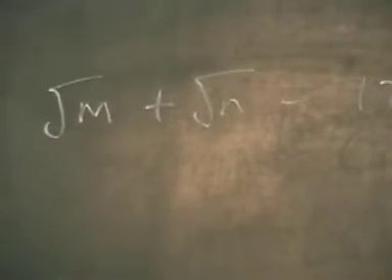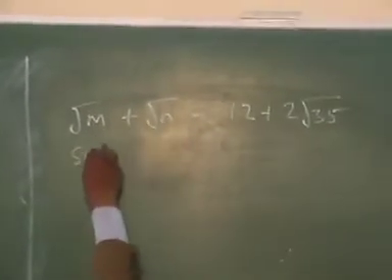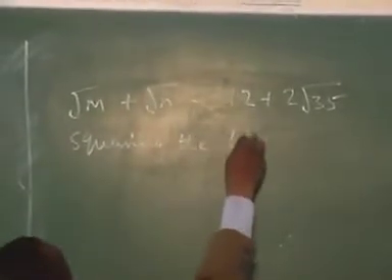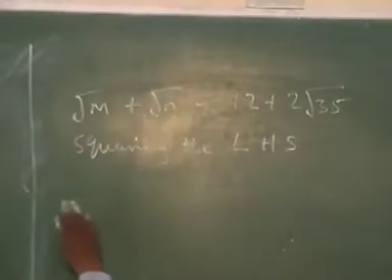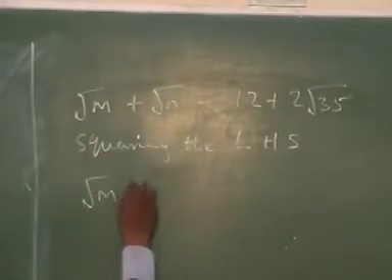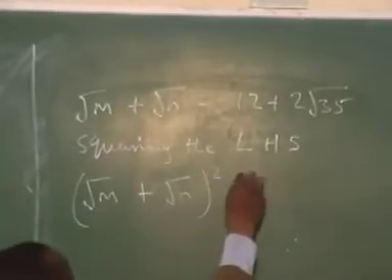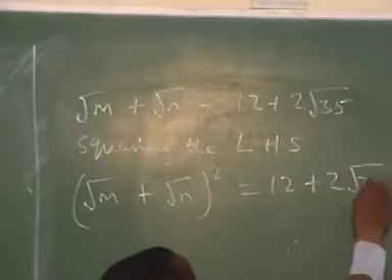Now we are going to square. Squaring the left hand side, because it's a square root now, we have root m plus root n squared equal to 12 plus 2 root 35. Then we open this bracket by binomial expansion. We have root m squared plus 2 root m root n plus root n squared equal to 12 plus 2 root 35.